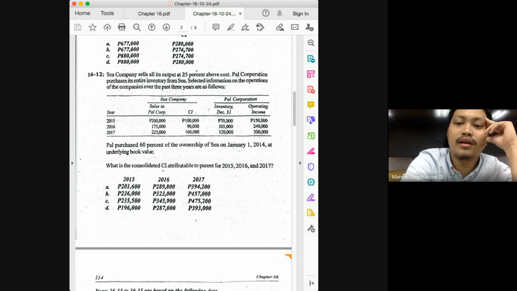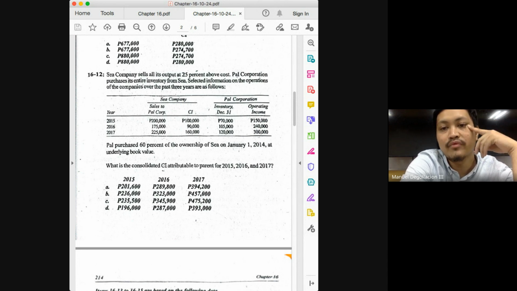This being realized already, this being earned this year in the eyes of the consolidated entity, but not included anymore by the reporting entity, this must be a positive adjustment. So we will be adding this time the markup on your beginning. So you add the 14 with the 90.